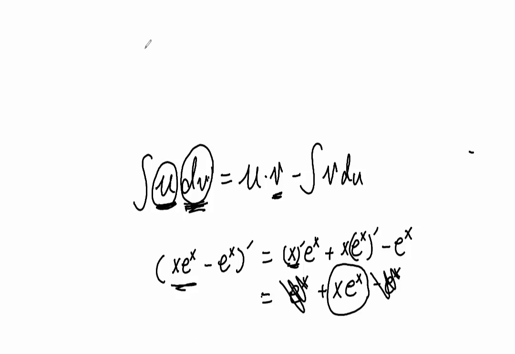So let's say I have the same problem, same function, but I just change it: not e to the x anymore. Right now it is x squared e to the x. Let's look at this problem right now as an exam problem, right?